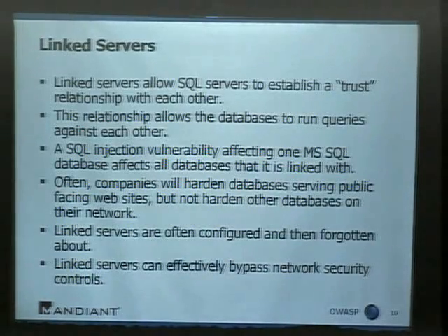Now, the last resort they have is link servers, which is what our case study is about. Essentially, what link servers allow you to do is form a trusted connection between multiple database sources. The reason being you want to run queries against a different data source because it hosts information that is relevant to your application. Now, you've hardened your database servers in your security zone that supports your web-facing applications.